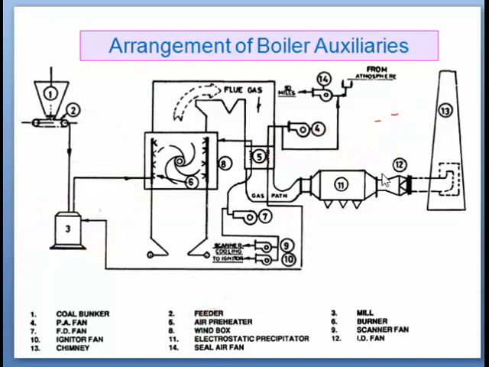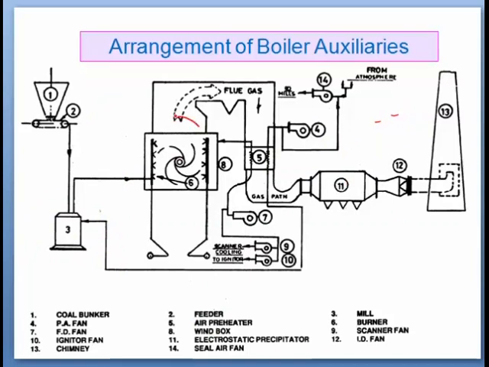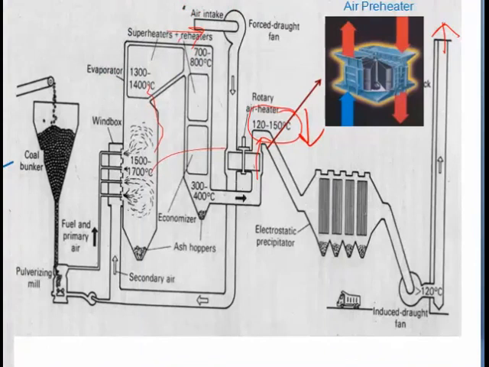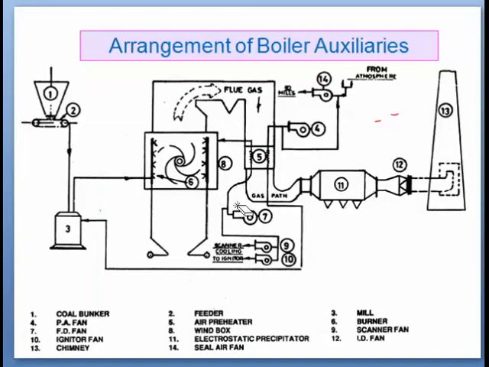Now here you can see the sixth number shows the burner. This sixth number is our burner, where coal gets combusted, supplied by the primary air, and for combustion we have to supply the secondary air, which is supplied by our FD fan, that is the forced draft fan.